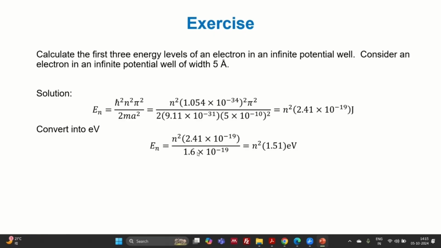You divide it by 1.6 times 10 to the power minus 19, and what you get is n square into 1.51 electron volt. So the order of energies is going to be in electron volts. For n equal to 1, you have 1.51 electron volt. For n equal to 2 it becomes 6.04, and n equal to 3 becomes 13.5. So the order is the electron volt.